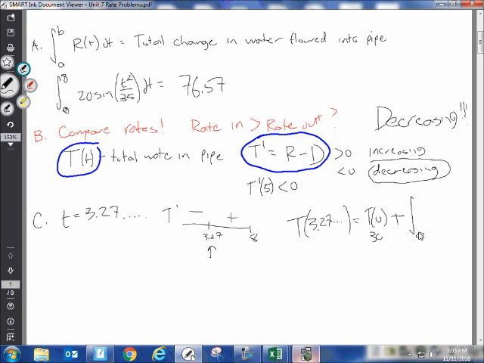It's up to you. I like to do it all at the same time, T prime, which is R minus D. Okay? And that's how you find the total. Now let's look at part D.